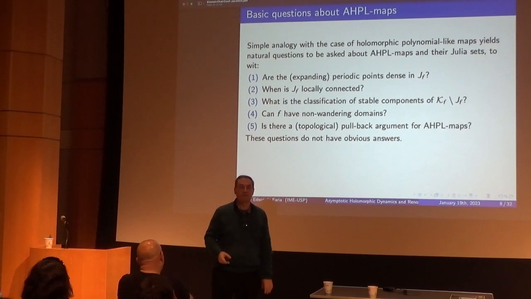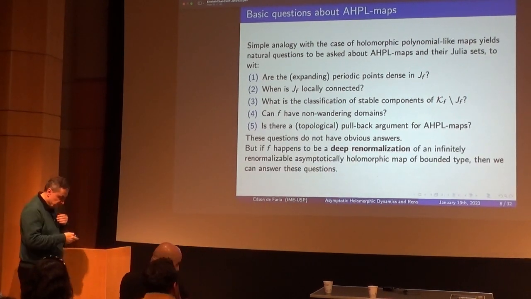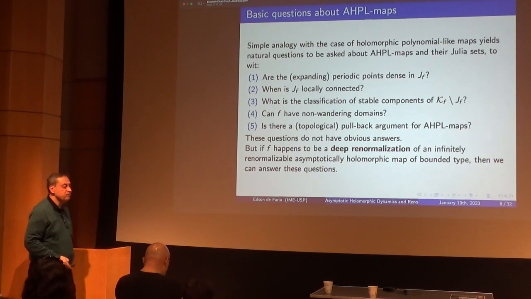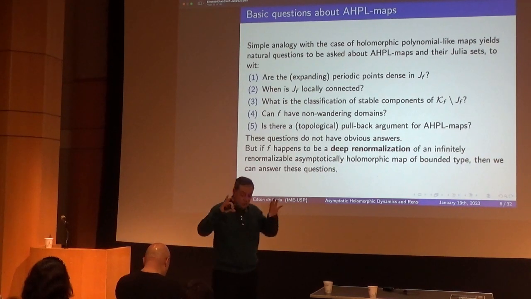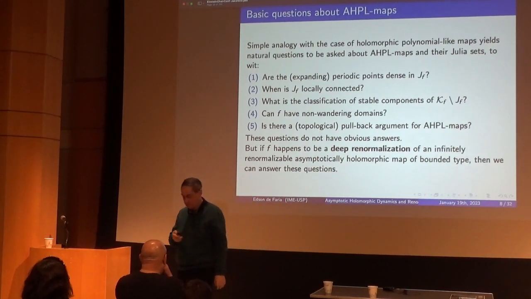We are able to prove that it's always locally connected. But for this to happen, we need to put some very restrictive hypotheses. We need to look at maps which are infinitely renormalizable, and then these facts are going to be true, but only for the deep renormalizations of these maps.